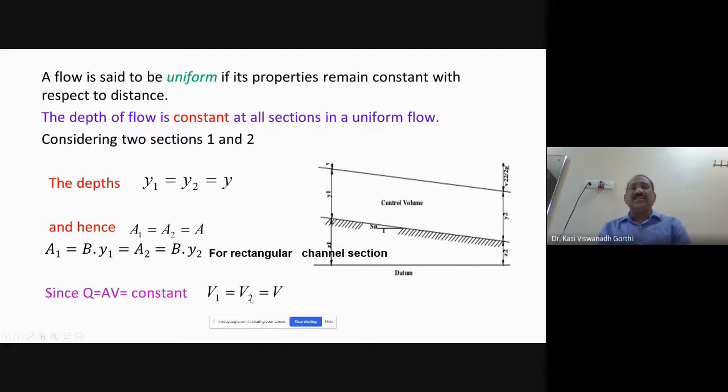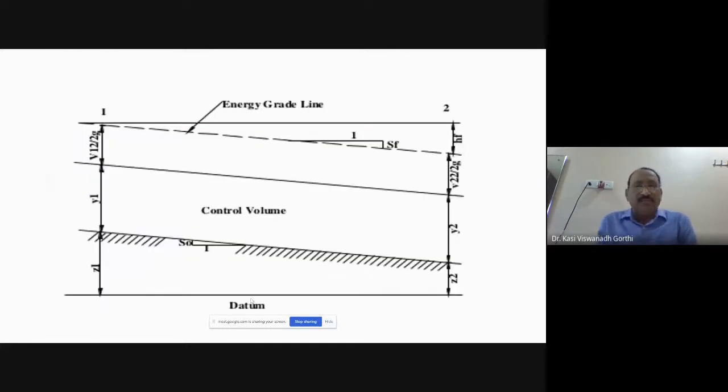This is the second feature of uniform flow in an open channel.